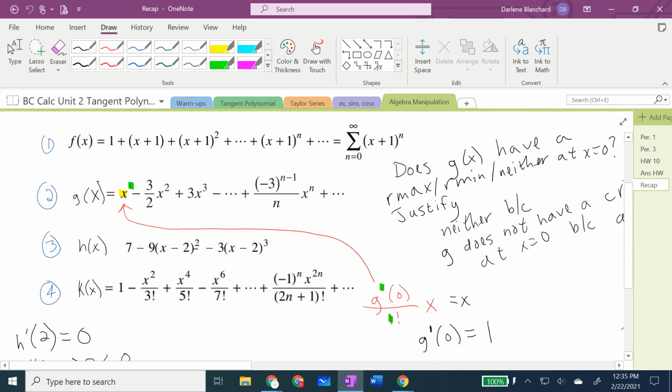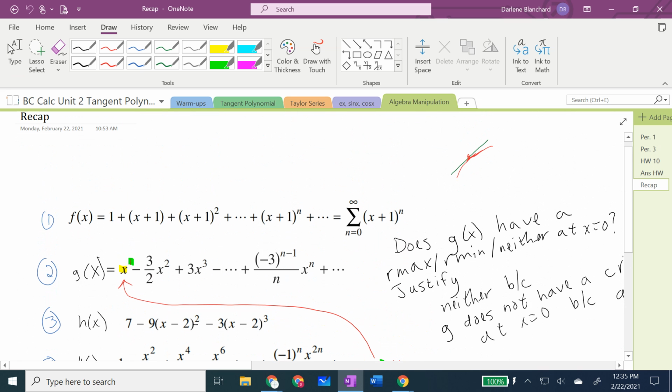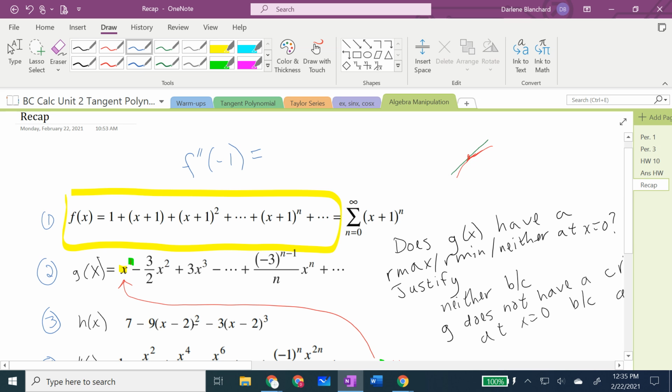And on top of that, can you find any derivative order you are asked for? So if I was looking at f of x and I asked you, what is f double prime of -1? What would that be?